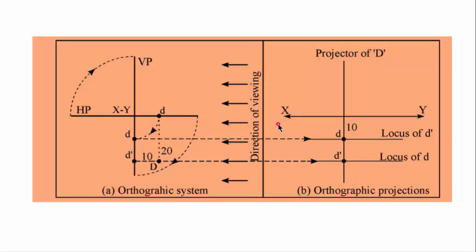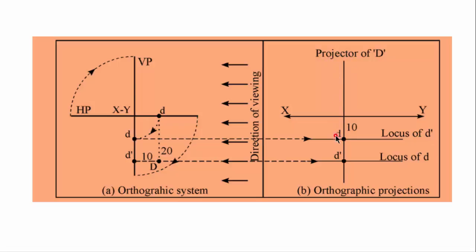Now, before proceeding further, I will introduce you to a few new terms. You should remember them well. Look here, a vertical line on which both views, plan and elevation, lie is known as projector.